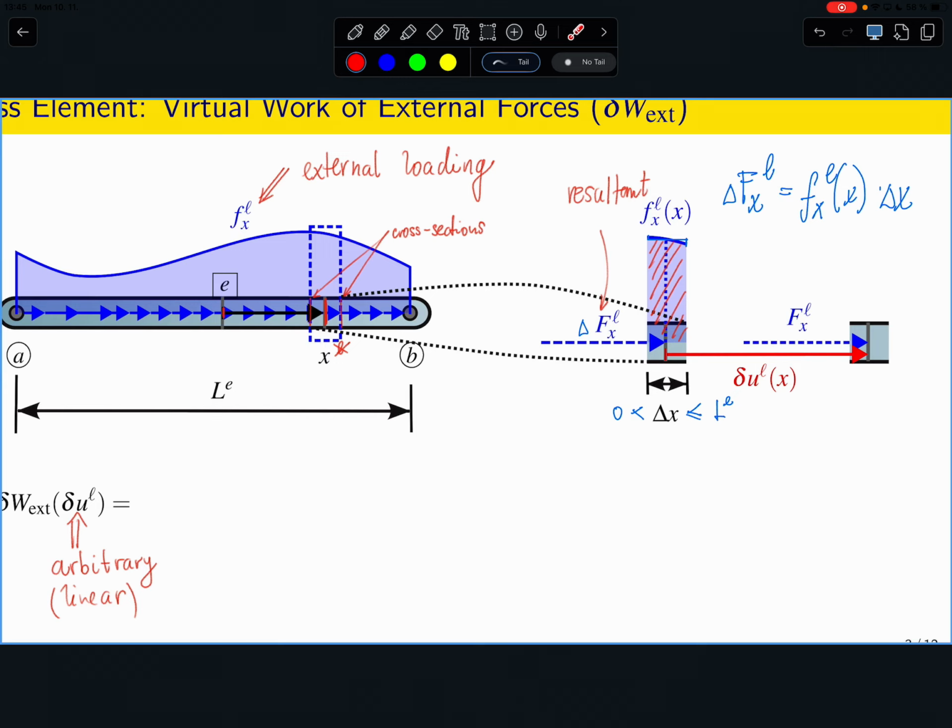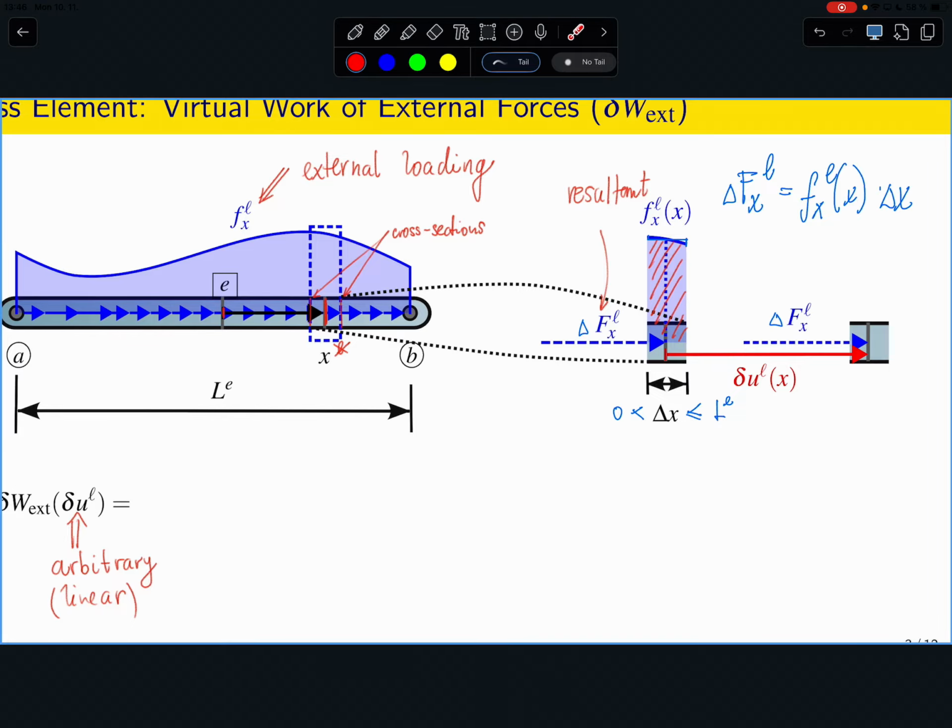So here is my delta fx, the resultant. It was originally located here, and as a result of this virtual displacement experiment I'm doing, it moved by this amount.